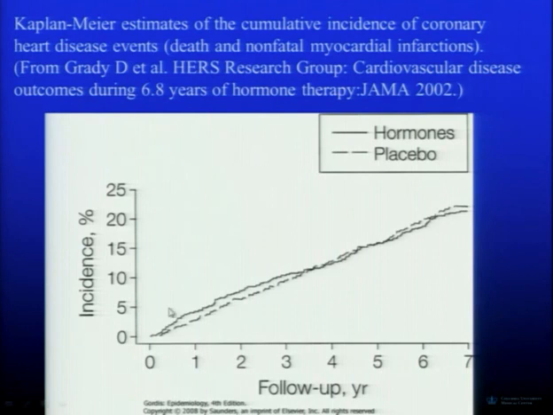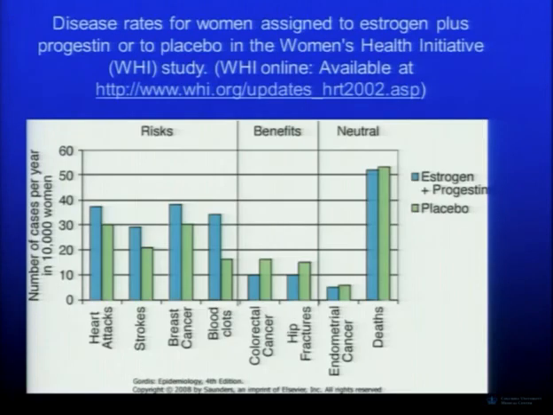And what they found is that after 6.8 years of therapy, there was absolutely no difference between the hormone group and the placebo group. So whereas our case control and cohort studies had all shown this was a benefit, this randomized trial showed that there was no benefit. And that kind of led on to people starting the Women's Health Initiative.